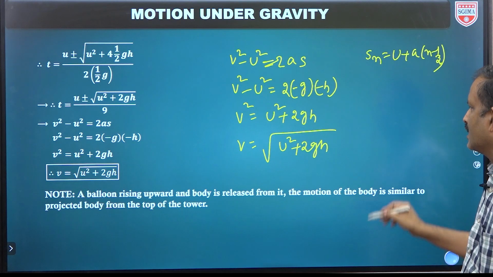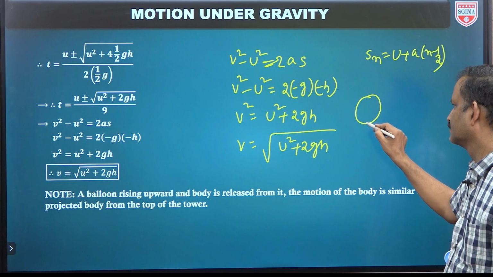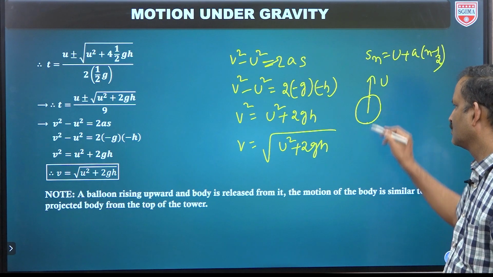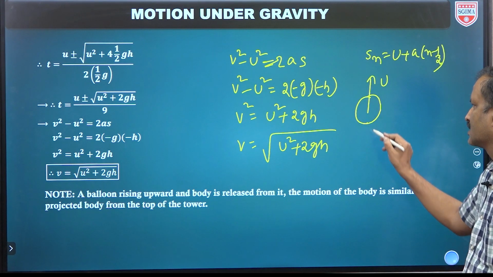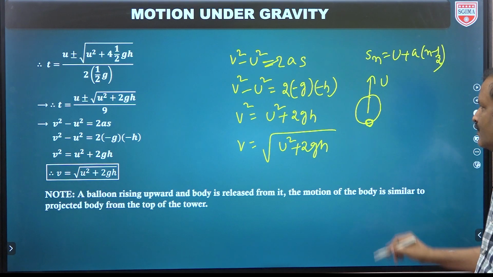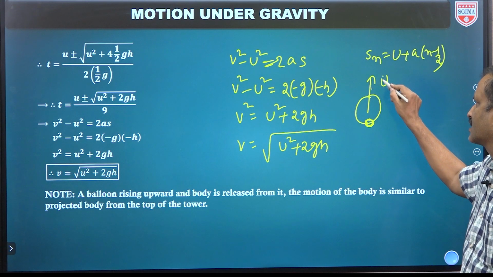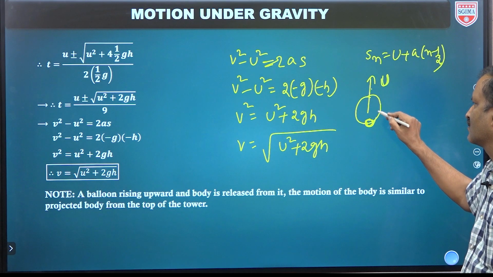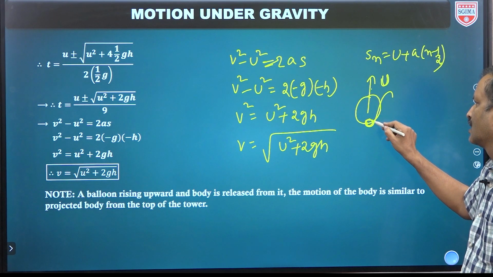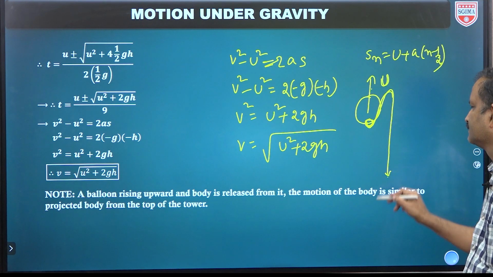See, here, suppose you take a balloon going upward with velocity u. Suppose a body is released here. Its initial velocity is the initial velocity of the balloon. So first it will go upward, it will not go downward. It will go upward first, after that it will go downward.